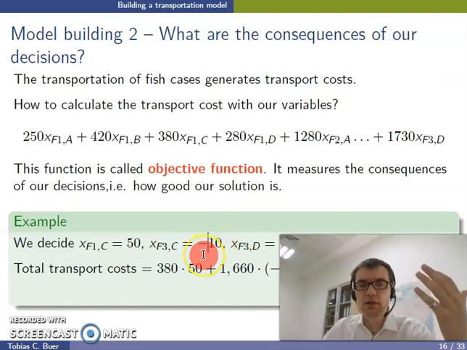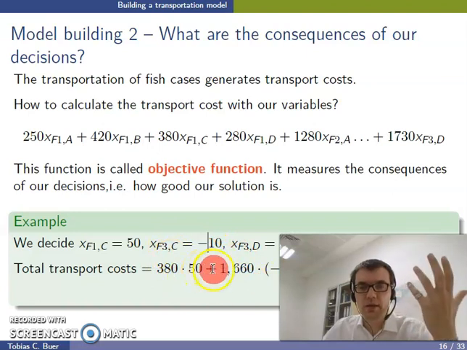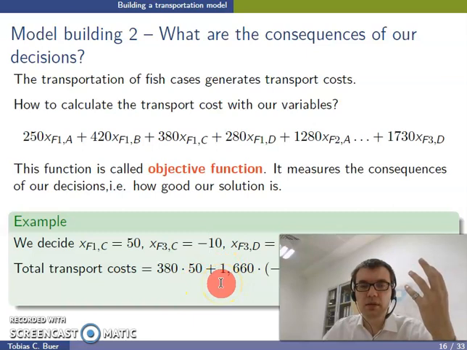So we need to tell the model you're only allowed to use positive numbers for x. And we also need to add some more constraints to force the model to accept reasonable numbers that we think are really representing a solution.